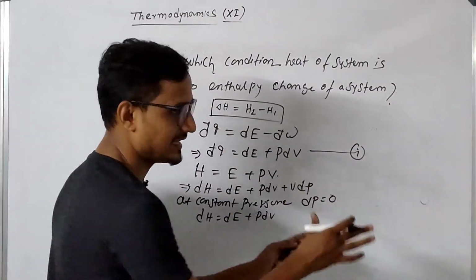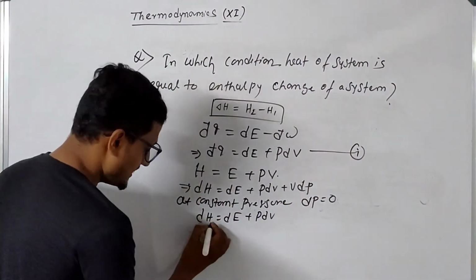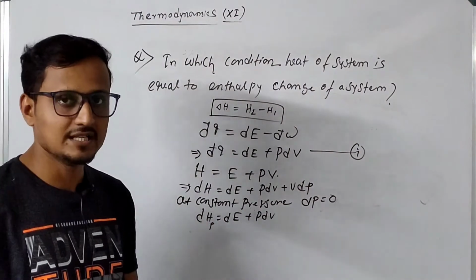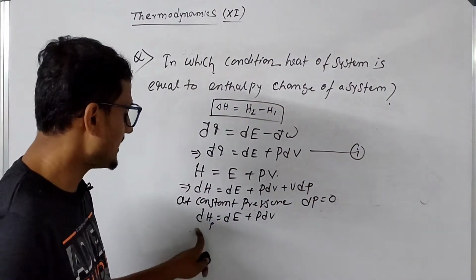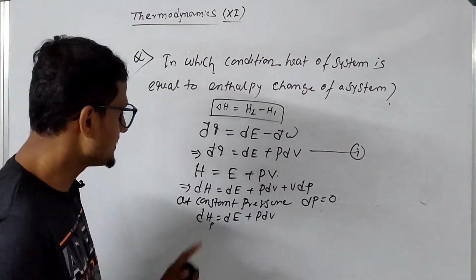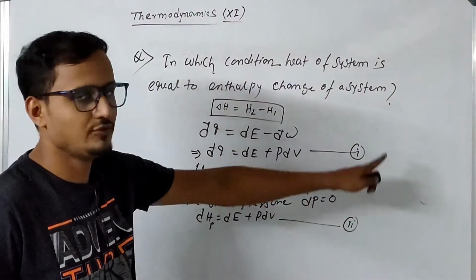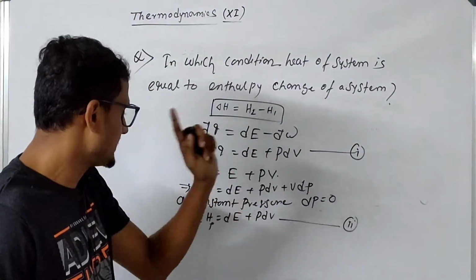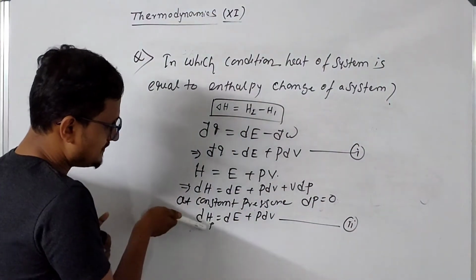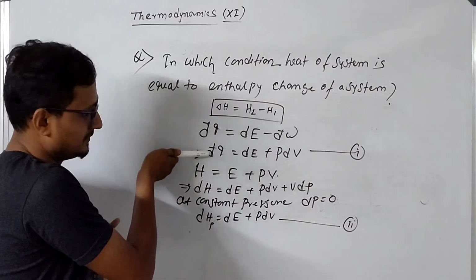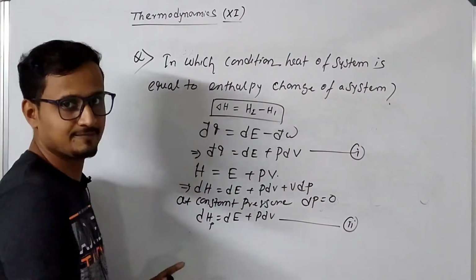This VdP part will be cancelled. Now I am writing here dHP to show that this is taken at constant pressure. Now you see this equation, 1 and 2. If we compare equations 1 and 2, then we will get dHP is equal to dQ, because these two are similar.